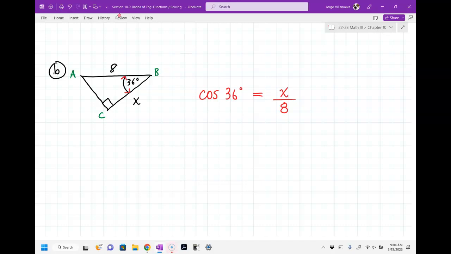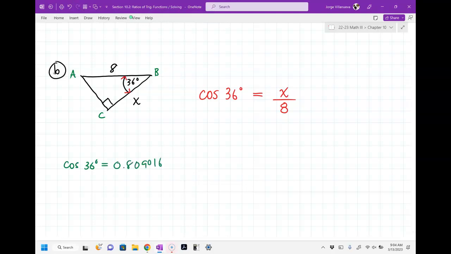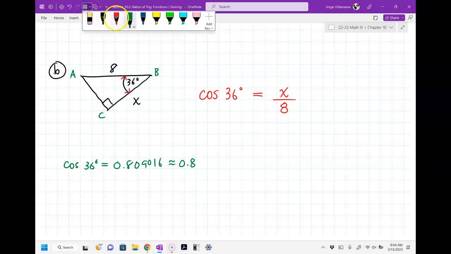Cosine of 36 degrees is 0.809016, etc., which is approximately 0.8 in terms of tenths, right? So I'm going to call it 0.8.